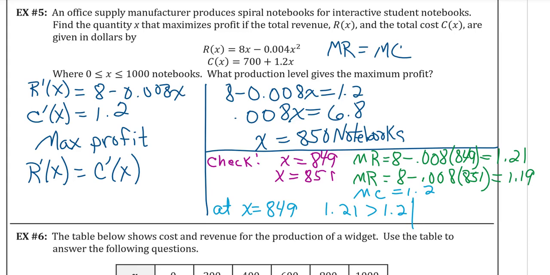At x equal to 851, and I'll write the 1 this time, we have a marginal revenue of 1.19, and that's less than our marginal cost. So the better value is at 850. And so that's how we know we have maximum production at 850 notebooks.